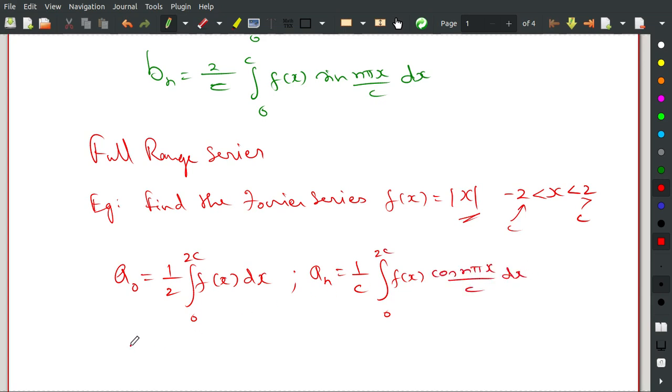And bn equals 1 by c integral 0 to 2c f of x sin n pi x divided by c dx.